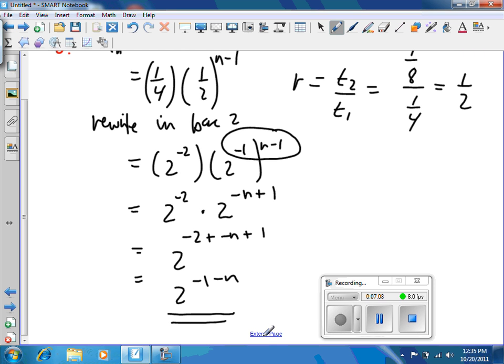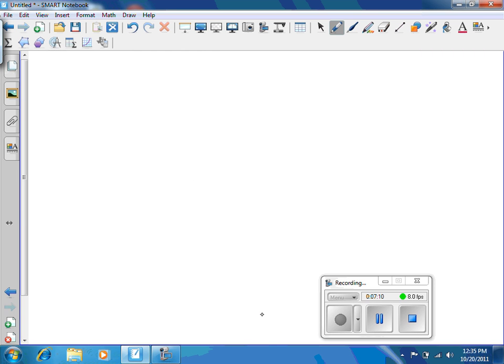Okay, class example 7. In class example 7, we're given a sequence: 32, 64, 128, and 16,384 is the final term.